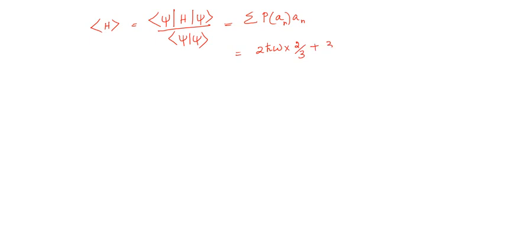Plus 3 h cross omega into the probability 1 by 3. So the expectation value of a parameter is nothing but the probability into that value. Remember this formula. So you will be getting 4 by 3 plus 1, 7 by 3 h cross omega will be your answer, the expectation value of h.